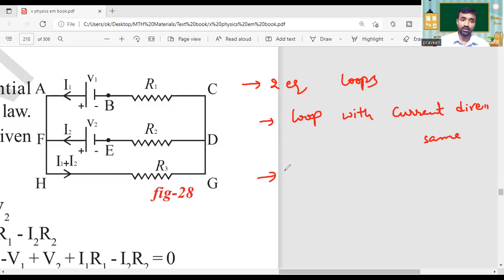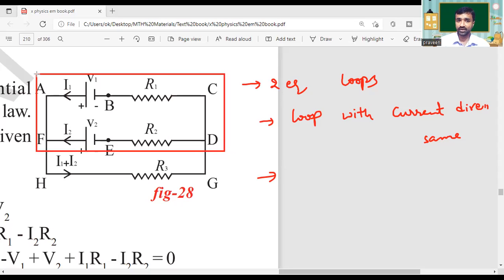For example, in the given diagram, I have a loop that has opposite directions. See here, I covered this with the rectangular box. Suppose the loop name is A, B, C, D, E, F, A. Here from A to C and C to D, the direction of current is the same.